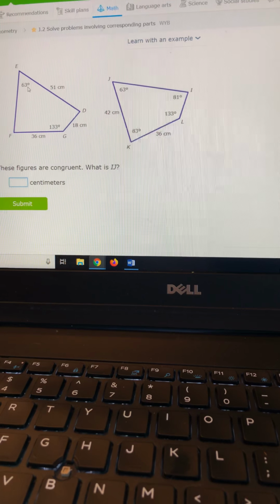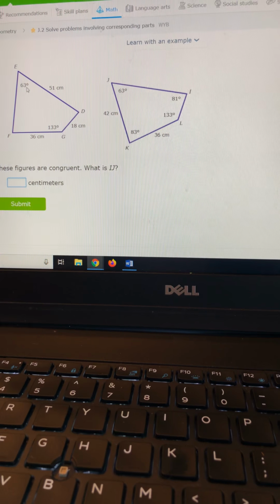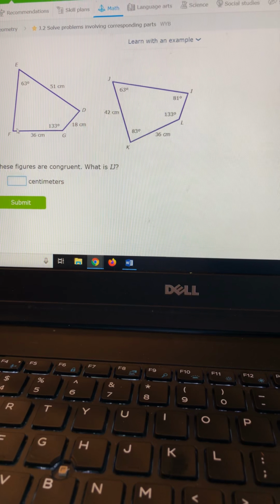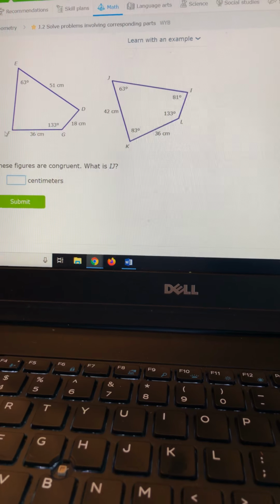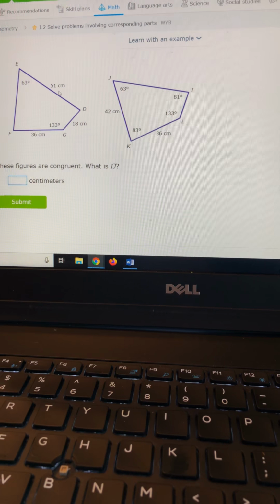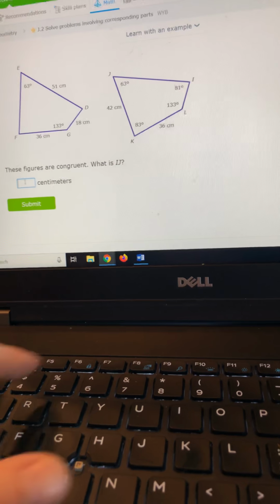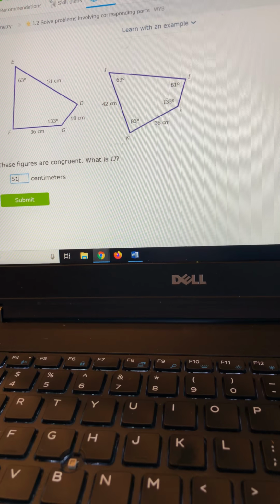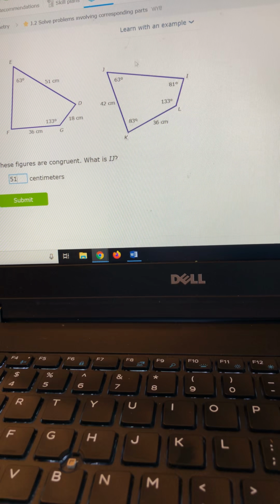Is the 63 to the 81 going to be to D or to F? Yep, it's this one. It should be 51 centimeters. Okay? You can tell that because 36, 42, and then the 51 would be next.